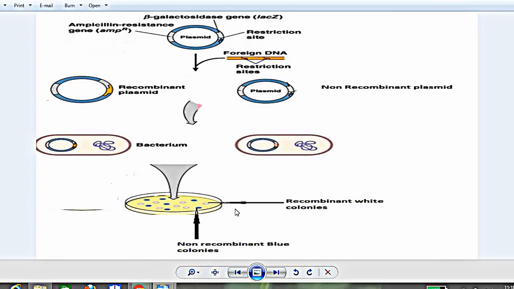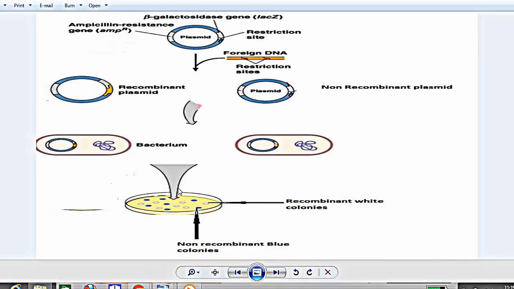So in this media containing ampicillin, again remember, ampicillin resistance is present in the vector to allow only those bacteria which take up this plasmid to grow, because the bacteria do not have the ability to grow unless they are drug resistant. We normally use lab strains, so only those bacteria where the ampicillin resistance gene is present in the plasmid will grow on this amp plate, as they degrade the ampicillin.